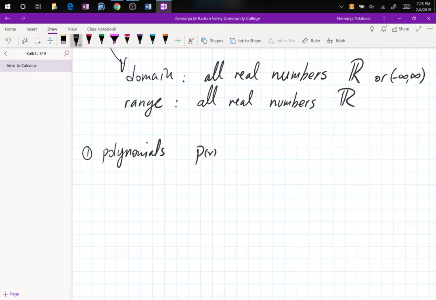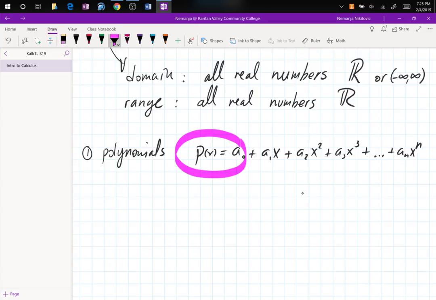Polynomials, let's say p of x, a0 plus a1x plus a2x squared plus a3x to the 3 plus dot dot dot plus an x to the n as the leading term, the one with the highest exponent. So if you keep this much, say y equals 2, it becomes your constant function at 2, horizontal line. It's a polynomial. Y equals 2 is in that family.